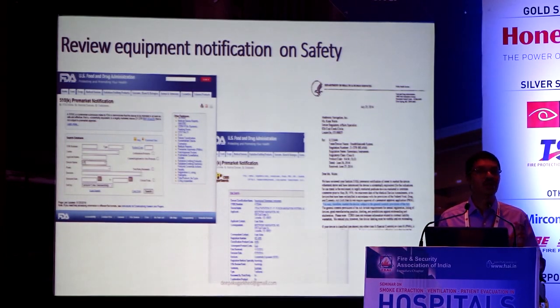It is true with medical devices also, but the knowledge is not there with the people. People never know that recalls have happened. They are using it because in India the regulations are not strong. So we need to at least see the FDA website on a regular basis.